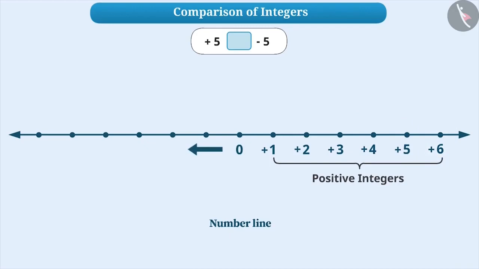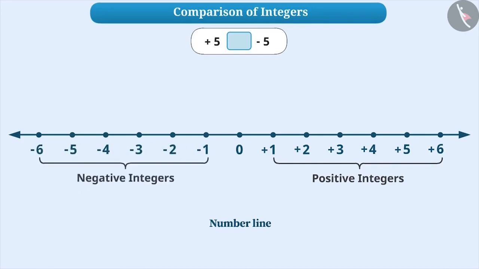Similarly, to the left side of 0, mark the negative integers such as -1, -2, -3, etc. By doing so, we have obtained the number line of integers. Here we can say that all positive numbers are to the right of 0 and all negative numbers are to the left of 0.